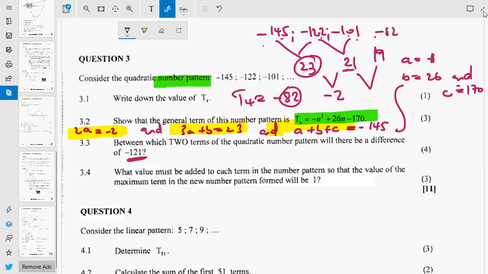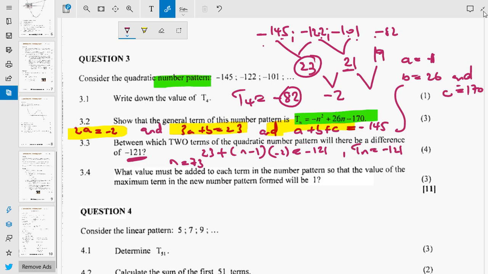Well, first of all, the first thing we have to find here is the position of minus 121. Okay, how do we find that? We're going to say 23 plus n minus 1 times d is equal to minus 121. That is simply solving Tn is equal to minus 121. So you'll find the position there. Your n will be equal to 73, which means the 73rd term of the first difference will give you minus 121.